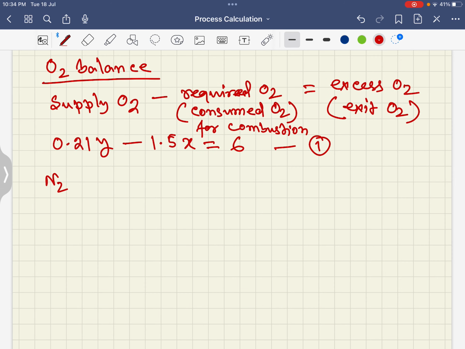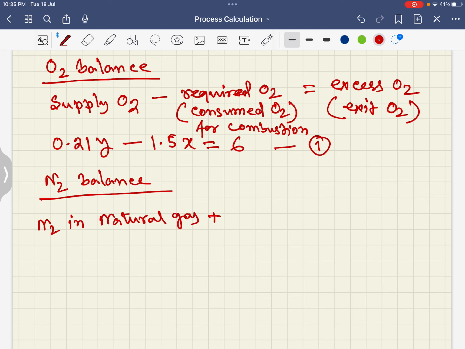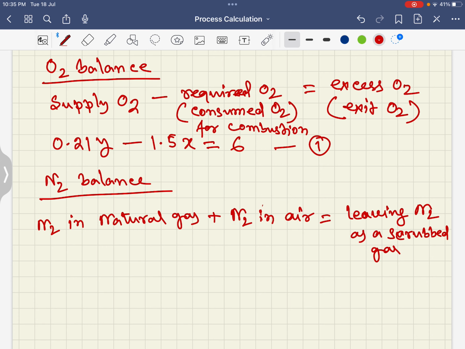Now the nitrogen balance. Nitrogen in natural gas plus nitrogen in air is equal to nitrogen leaving as scrubber gas.